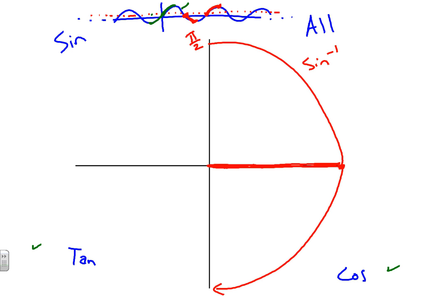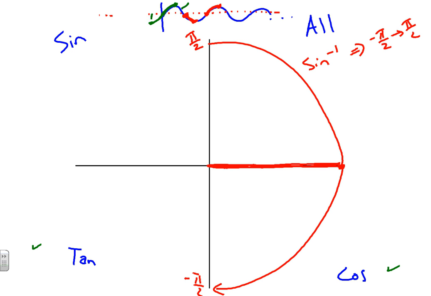This is negative pi on 2 right here to pi on 2, much as this is negative pi on 2 to pi on 2. So sine inverse is bound to return answers between negative pi on 2 up to pi on 2. Okay, well, it'd be nice if all of them were that way.